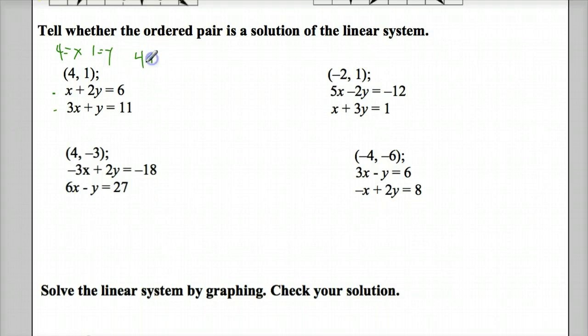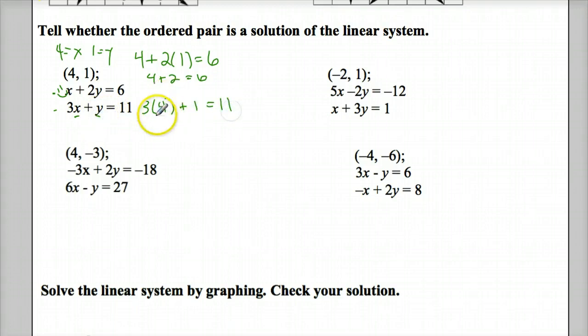So 4 plus 2 times 1, does that equal 6? 4 plus 2 equals 6. So it works for this one. Yay! Now let's see if it works for this one. 3 times 4, because 4 equals x, plus y, does that equal 11? 3 times 4 is 12. 12 plus 1 is 13.